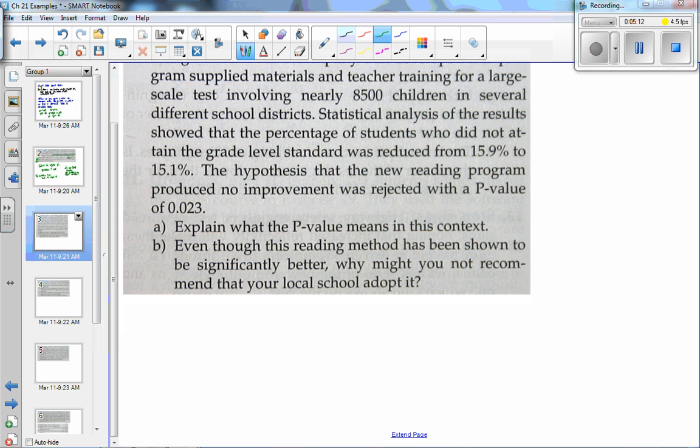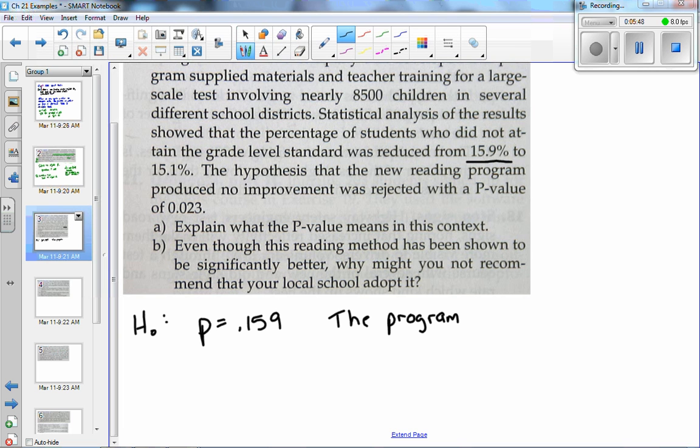What I'd like to start by doing is think about what our null hypotheses would have been, just to practice that. So the null hypotheses would have been to say that there was no improvement. So no improvement would mean that it remained at what it was before. So we would have p for our proportion equals 0.159. And so that would mean that the program was not effective.